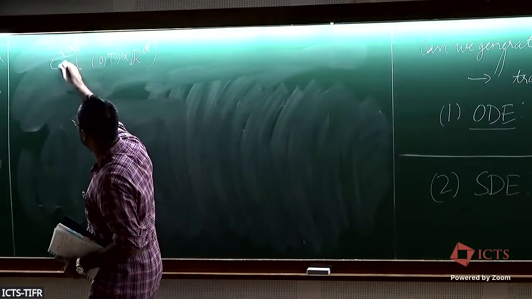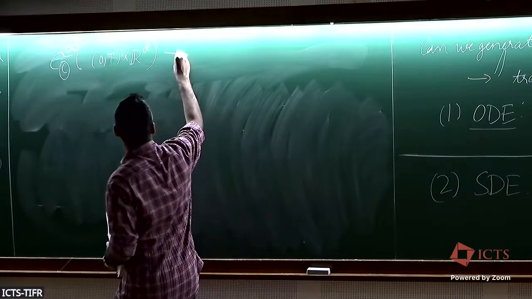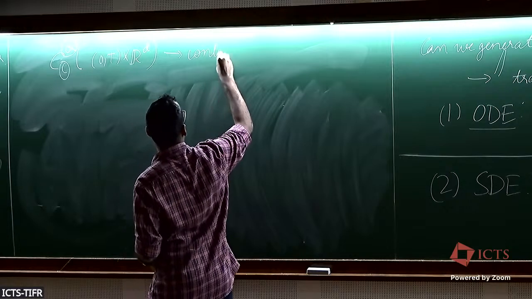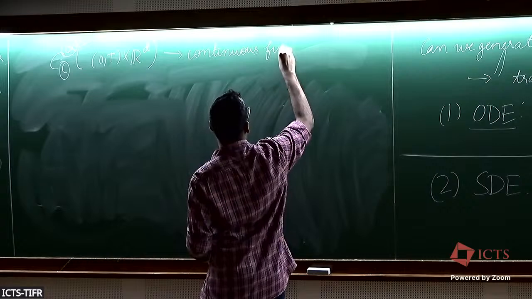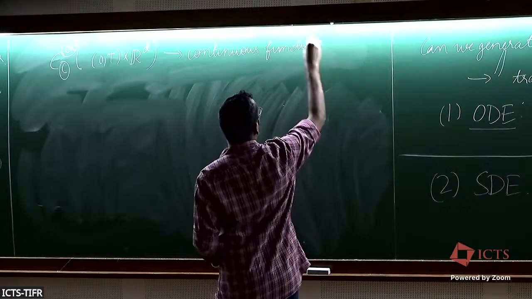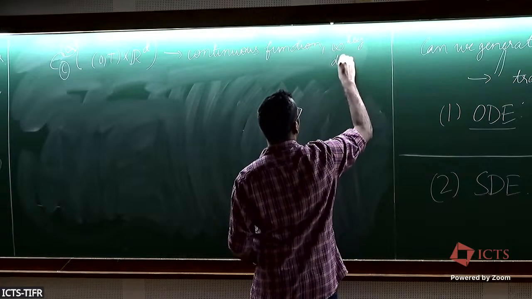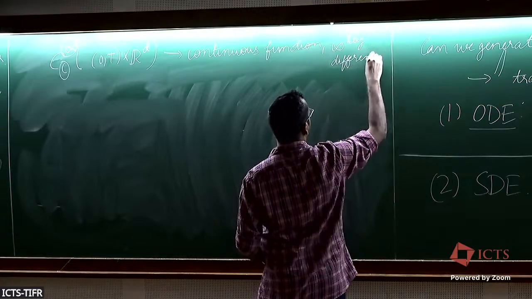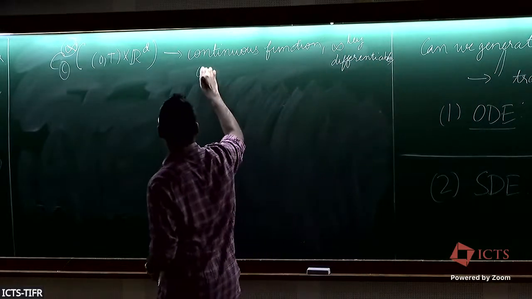And this C_c means that it is compactly supported. So continuous functions, infinitely differentiable, compactly supported.